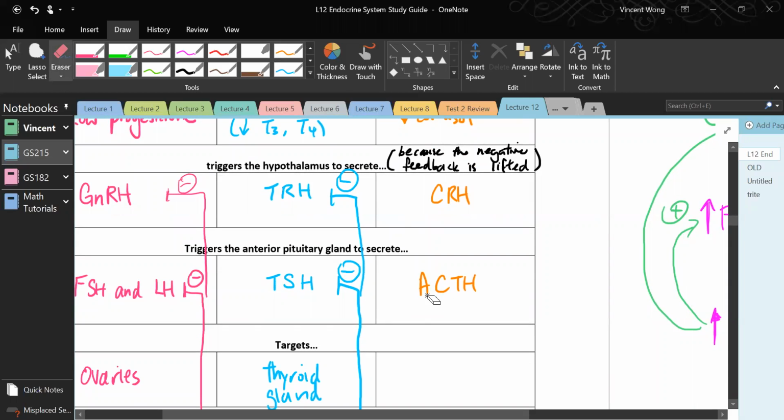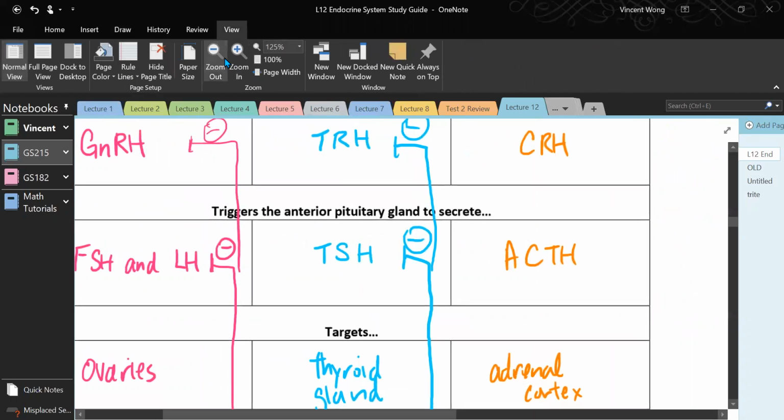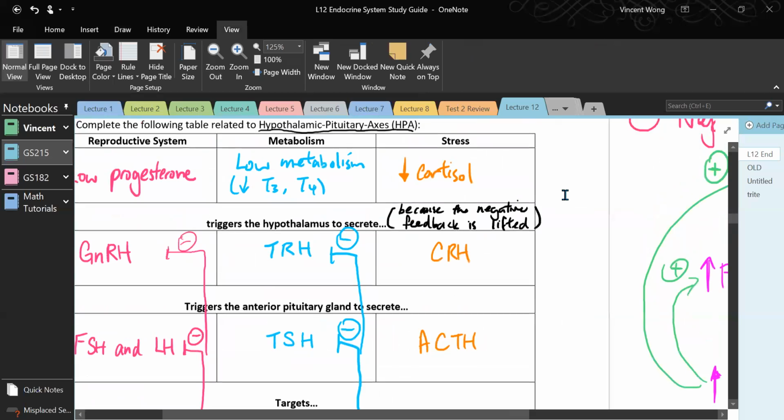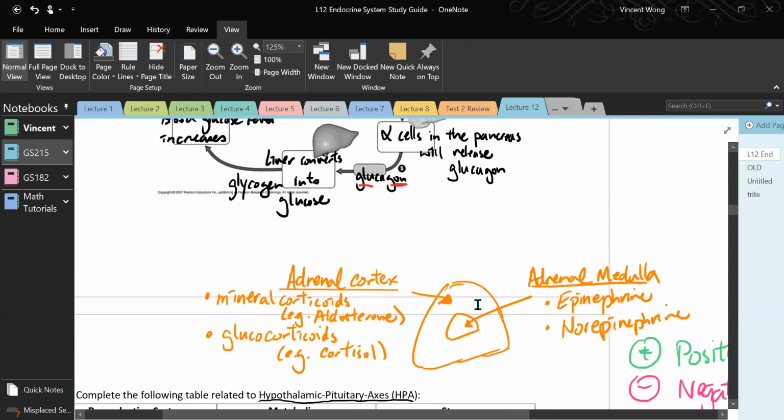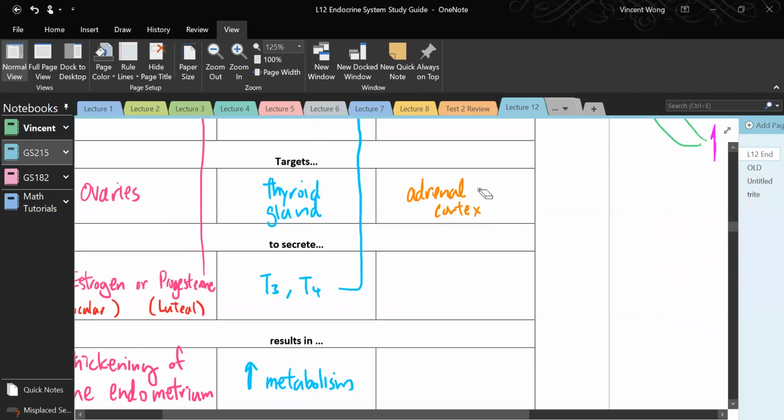AC stands for adrenal cortical. So that means this one is going to target the adrenal cortex. And just to show you once again, the adrenal cortex is the outside. So what does the adrenal cortex do?